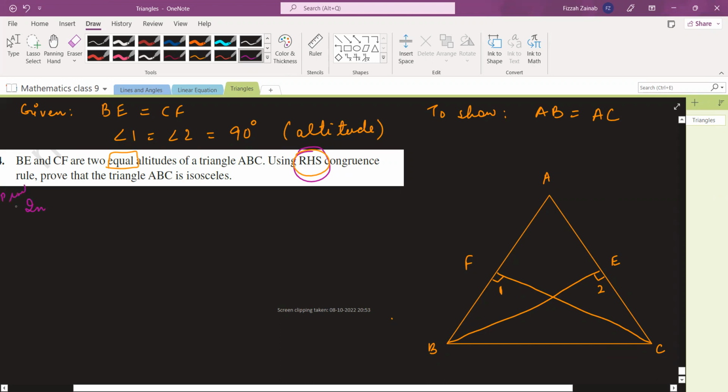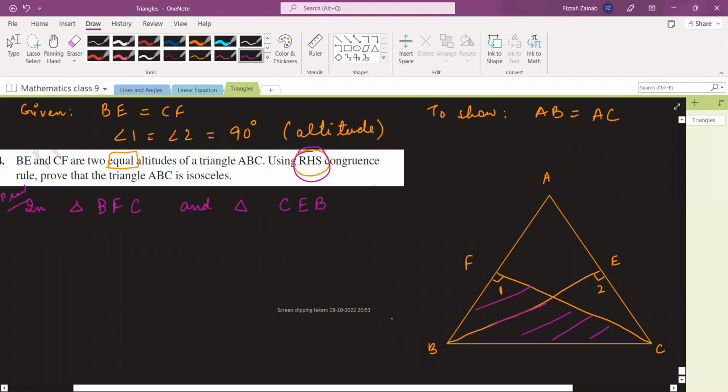Okay, do the proof. So in triangle BFC, can everybody see that? BFC, I mean this triangle. And triangle CEB, right?